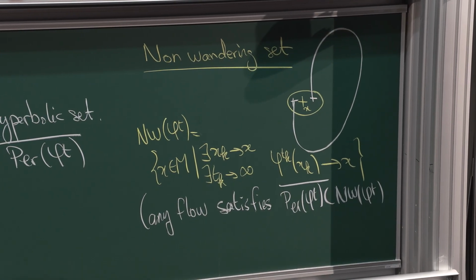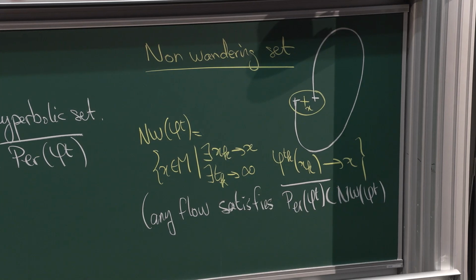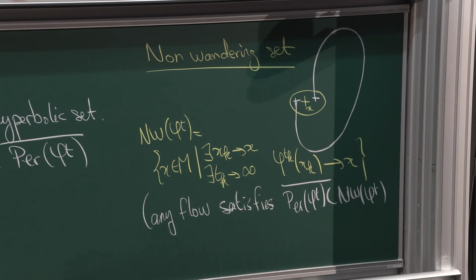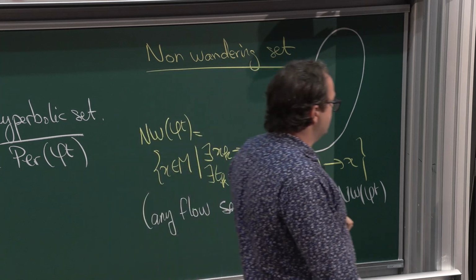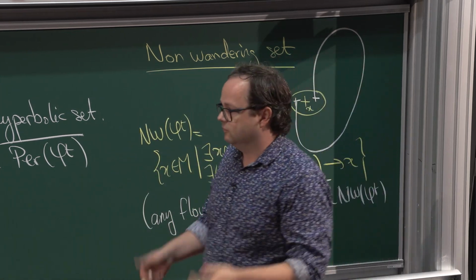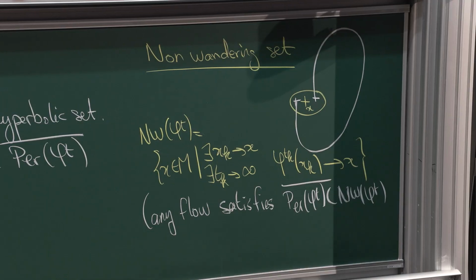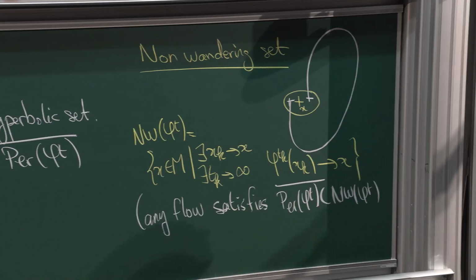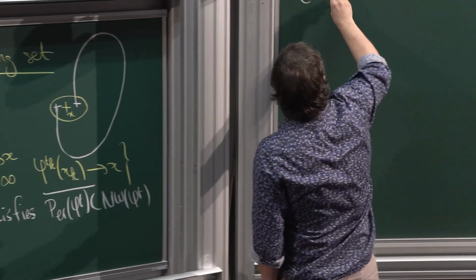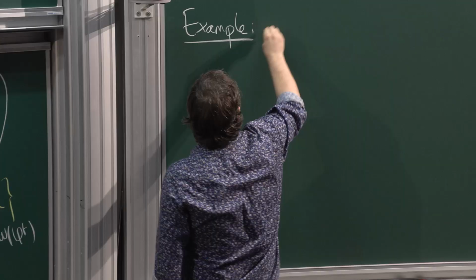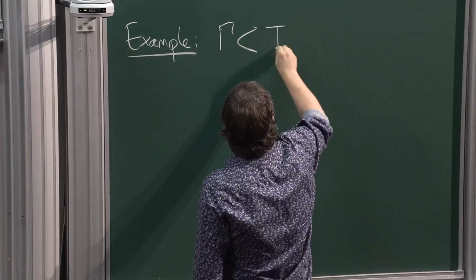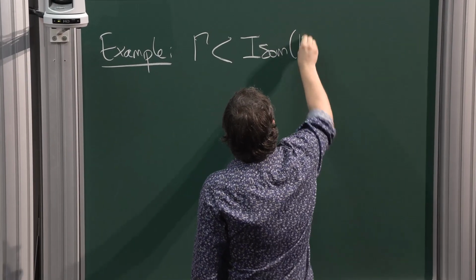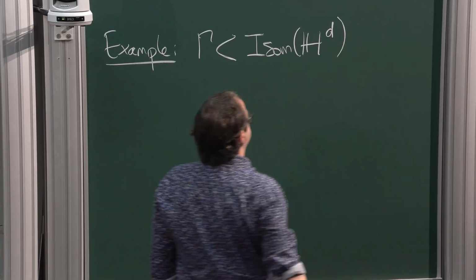Okay, so from this definition, I should give a few examples. And the main, let's say, factory to produce examples of hyperbolic dynamics is geodesic flows in hyperbolic geometry. Right? So we're going to start with a hyperbolic manifold, so essentially a discrete subgroup gamma of the isometries of HD.